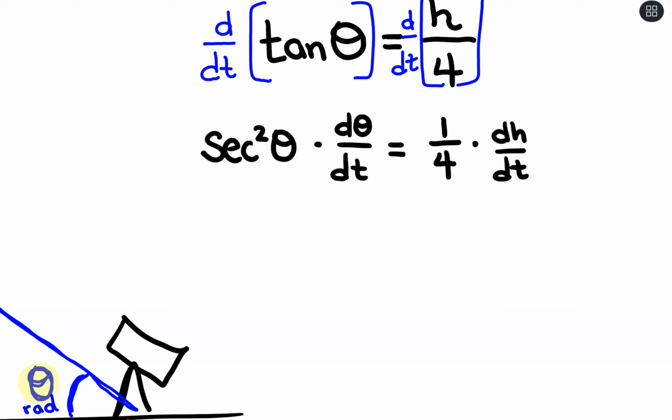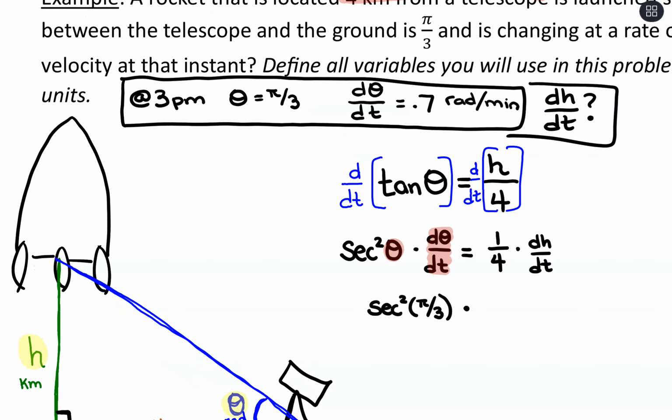What we could do is, now that we've taken the derivative, we can plug in values. So what we know is, we know our angle measurement, we know d theta dt based on the information. So we're going to be taking secant squared of our angle measurement of pi over 3, and then that's going to be multiplying with d theta dt, which they told us is 0.7 radians per minute.